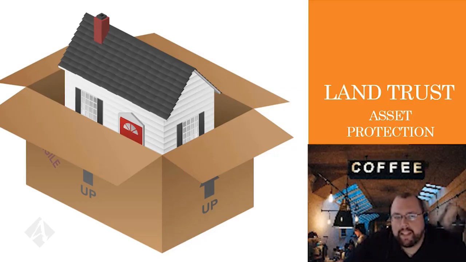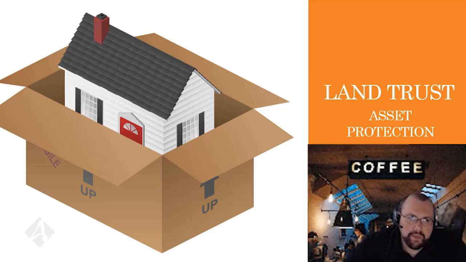When we put that property into that box, which is the land trust, remember, there is no asset protection, so we need to assign that beneficial interest to something that does provide asset protection. So as you may have guessed, now we know LLCs, corporations, business entities can provide that asset protection. How do we change from myself as an individual, say as beneficiary, to now moving it to the business entity?